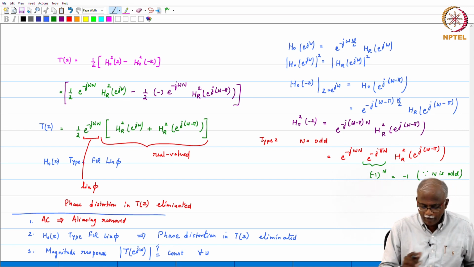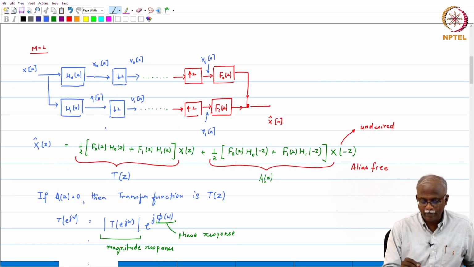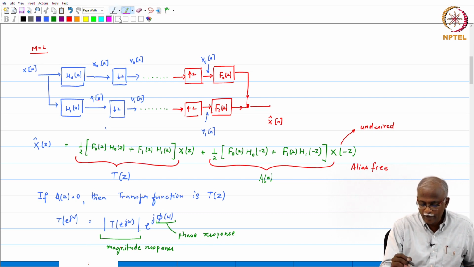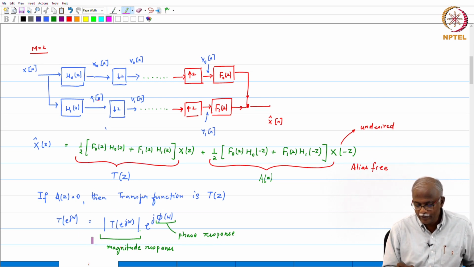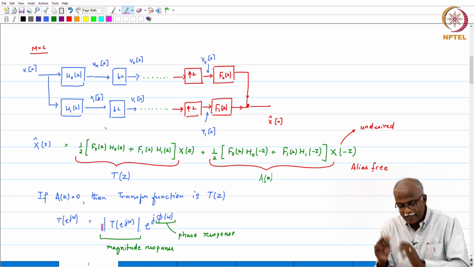So let me summarize what we have said so far. We started out with the 2-channel filter bank. We said that we can enforce the aliasing cancellation constraint to eliminate aliasing, which leaves us only with the transfer function T of z. Now, T of z has a magnitude component and a phase component.